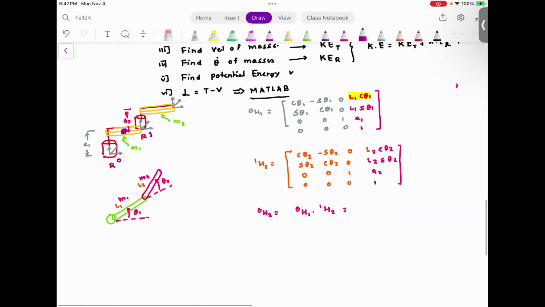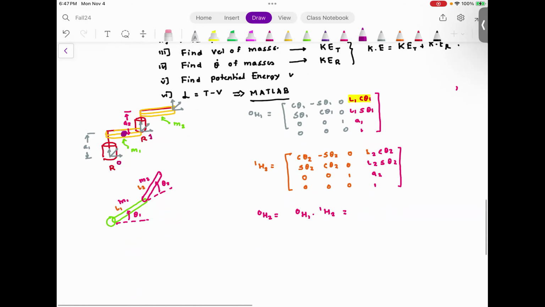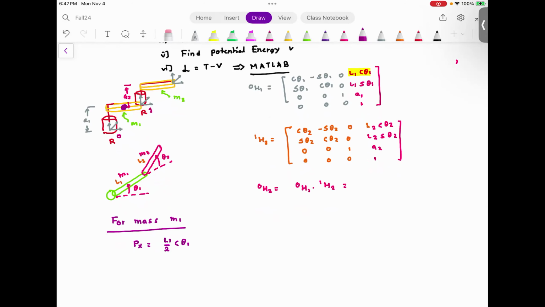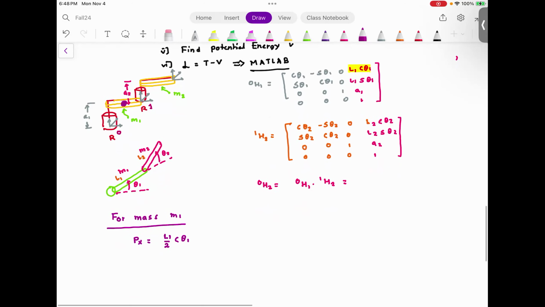So M1 is located at the centroid of the first link. So for mass M1, Px is going to be L1 by 2 cosine theta 1, because the mass is located at half of the link length. Py is going to be L1 by 2 sine theta 1.